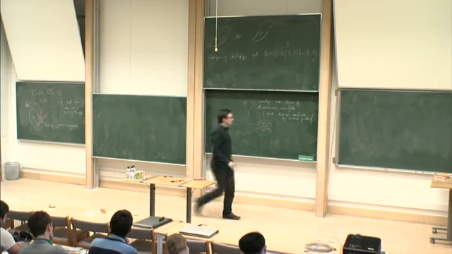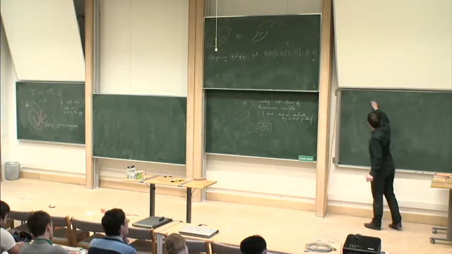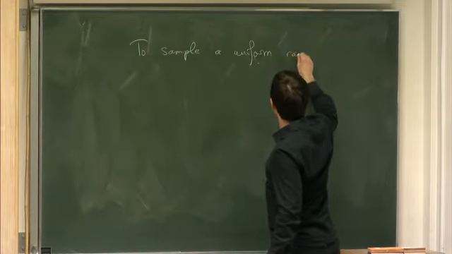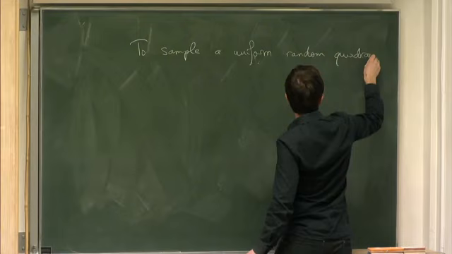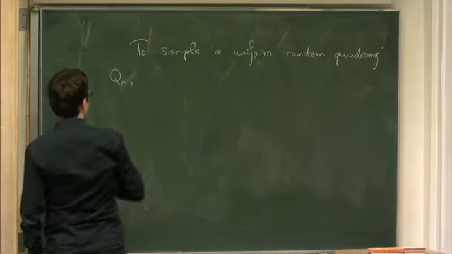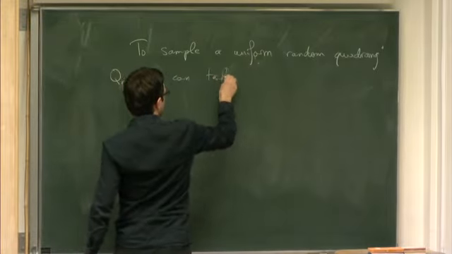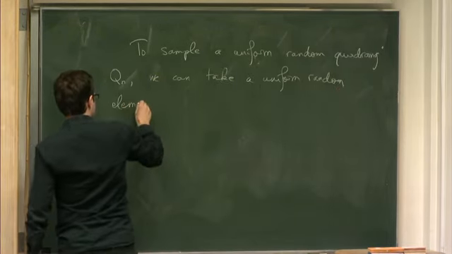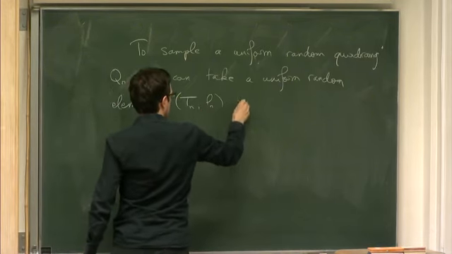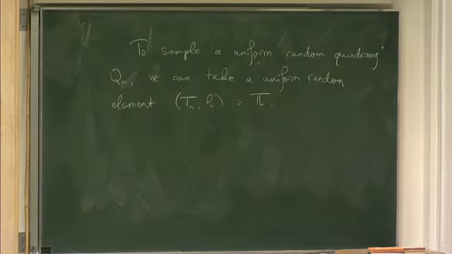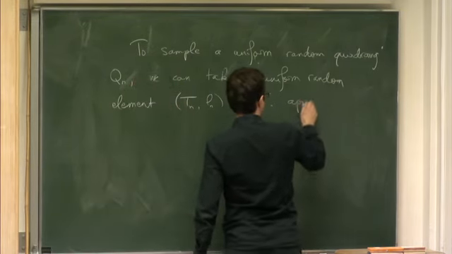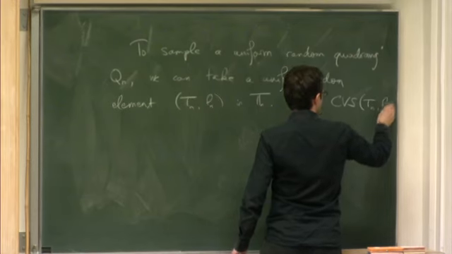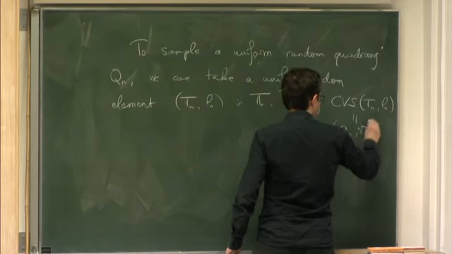Now we know that to sample a uniform random quadrangulation, say Qn, we can take the uniform random element, say Tn, ln in Tn, then apply the CVS bijection, the Corey-Vauquelin-Schaeffer bijection, and this construction is going to give me not only a quadrangulation but the distinguished vertex V star.